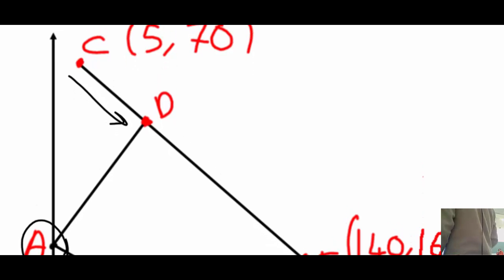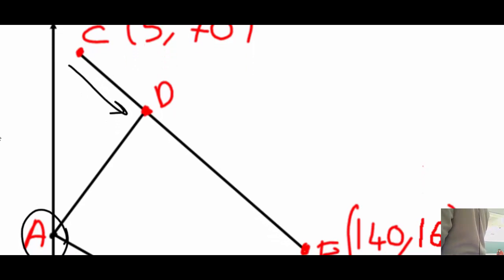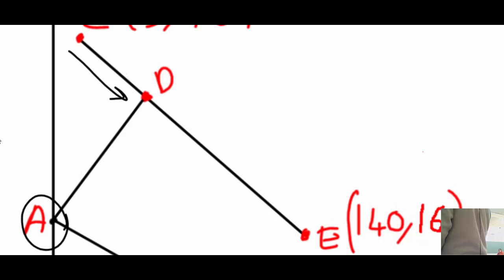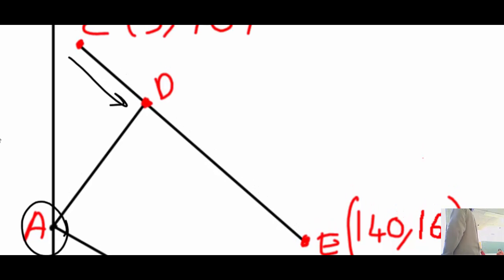D is the point between C and E. That's the point of division. So I'm going to open a new page here.